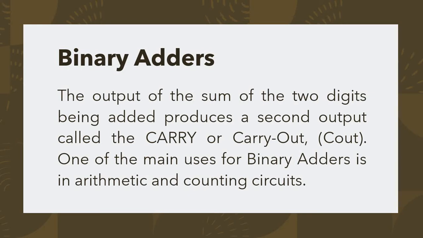Remember in our arithmetic of binary numbers, the rule in addition of binary in logic is the same rule. One of the main uses of the binary adder is in arithmetic and of course in counting circuits.